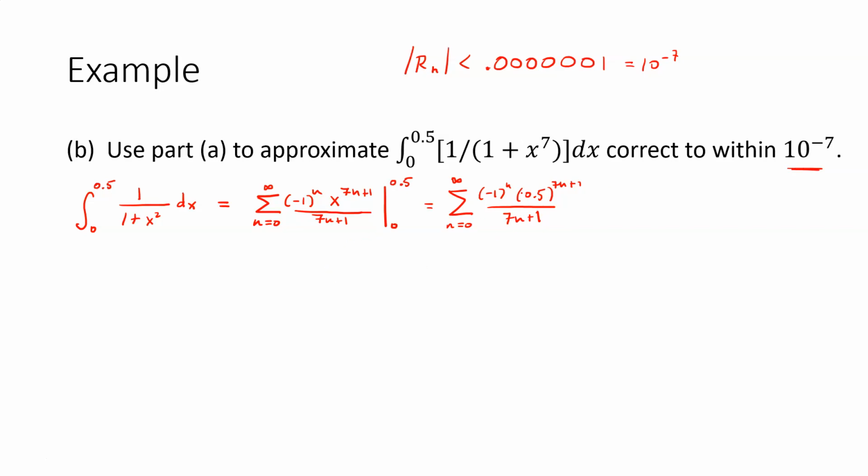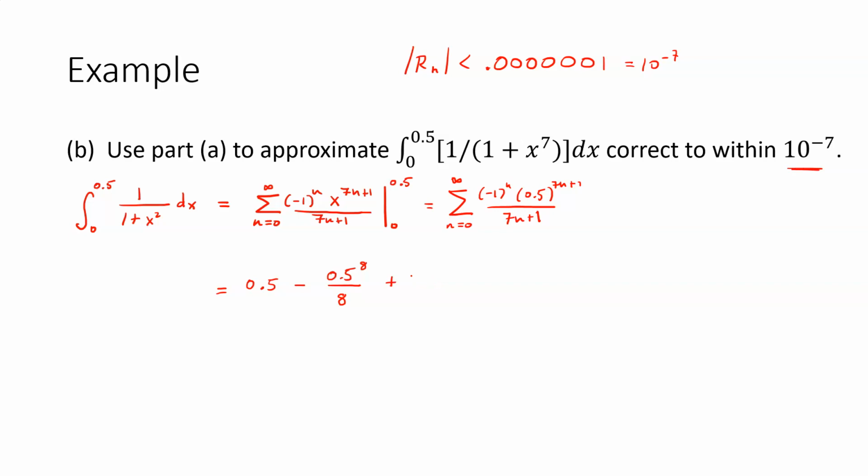So what we can do is use the alternating series estimation theorem to figure out how many terms we need to go out in order to guarantee that Rn has an error less than 10 to the negative 7. When I start writing out the terms here, let's look at the first few terms. The first term would just be 0.5. And then the next term would be minus 0.5 to the power of 8 over 8.